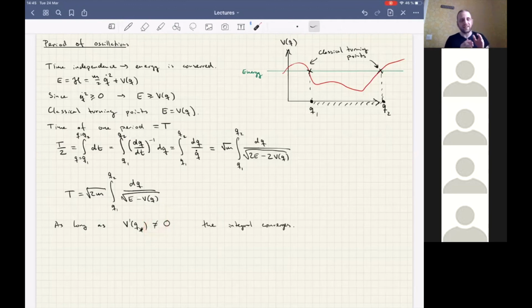This means essentially that if you have to climb a hill up to the maximum, so let's say that, for example, your energy would be instead up here, and you have to climb this hill up to the classical turning point, which happens to be a local maximum of the effective potential, then climbing that is going to take an infinite time.